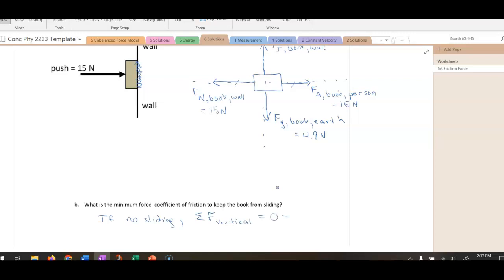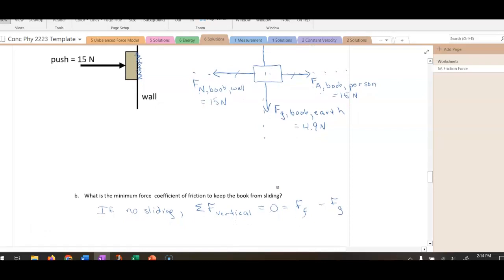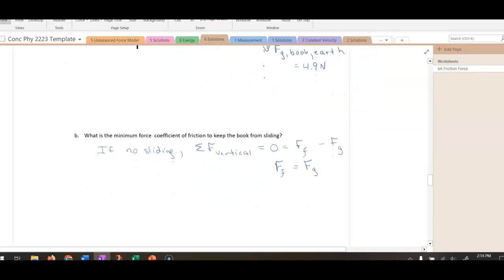And that would be the friction force minus the gravitational force. So in other words, the friction force would have to at least equal the gravitational force. And the friction force would be the coefficient of static friction, because we're talking about not sliding, times the normal force on the book.